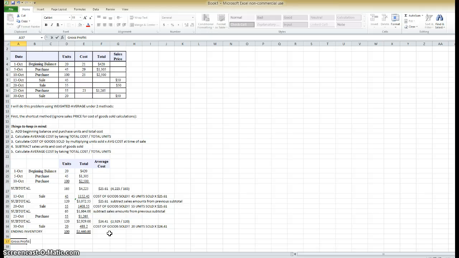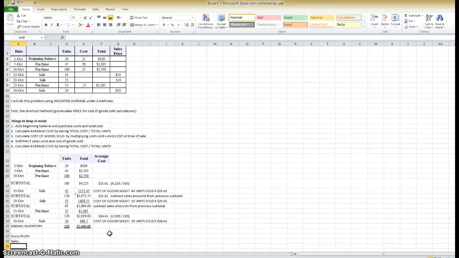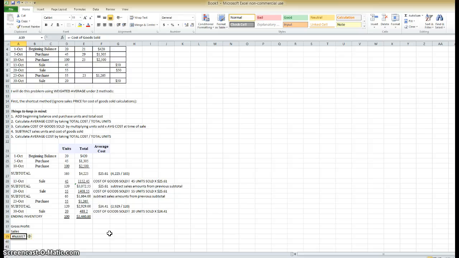So if we were to calculate gross profit, remember, gross profit is sales minus cost of goods sold. Sales is where we're going to use the selling price. So we sold 45 units on the 13th, 55 units on the 20th, and 20 units on October 30th, all at a price of $50.